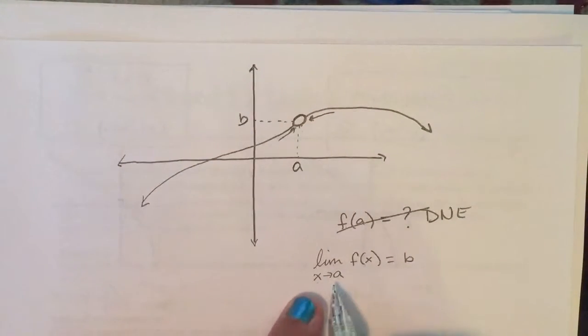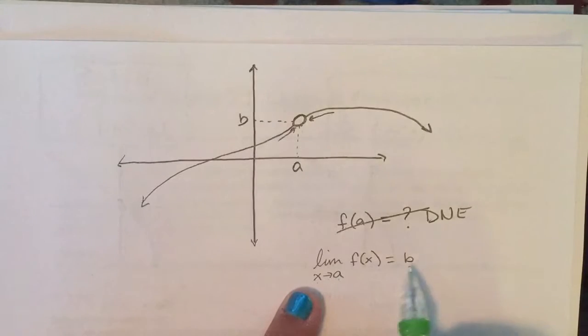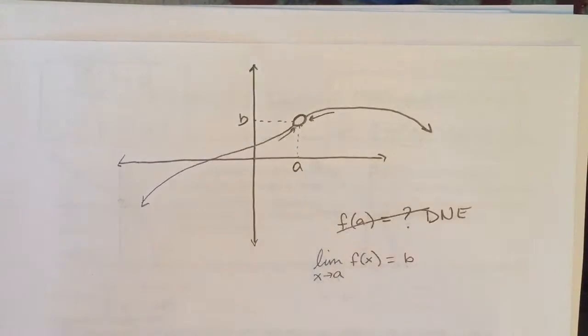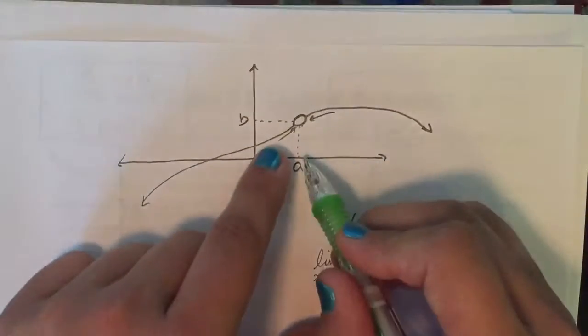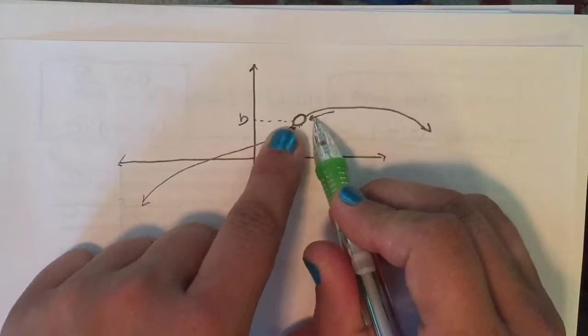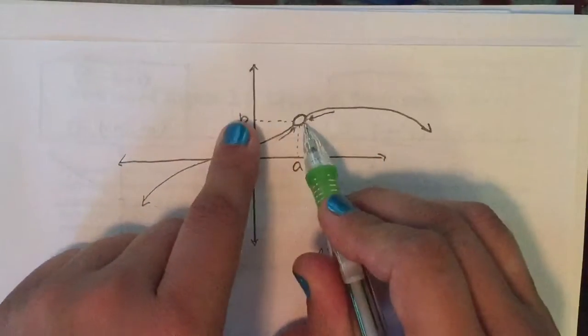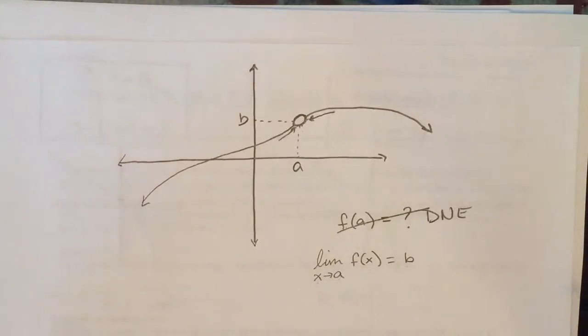So this function, when x goes to A, goes to b. So it's a way that you can talk about what the value would be without having to say that the function exists there. And that's the whole concept of the limit. The limit at A, as the function approaches A, is b. It's what it goes toward.